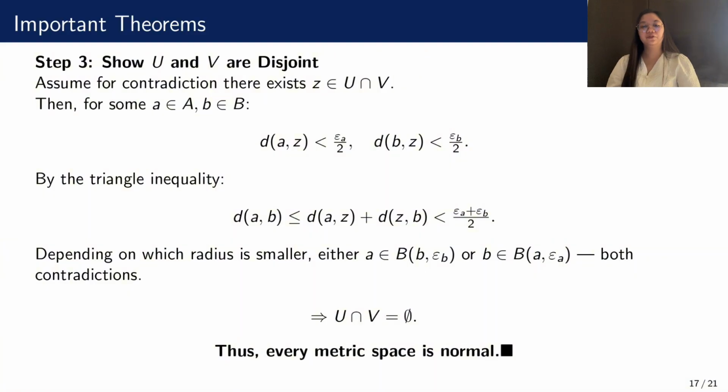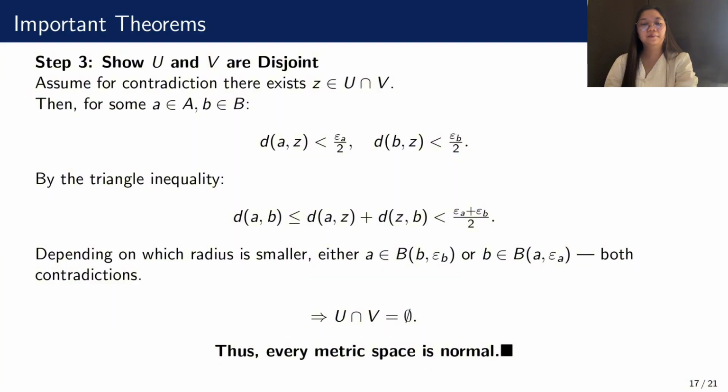We assume for contradiction that there exists c, an element of U intersection V, meaning they are not disjoint. So we suppose, just to test, that the two open sets overlap at some point c.